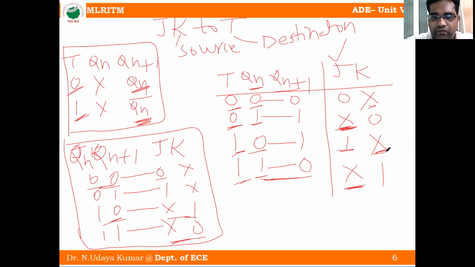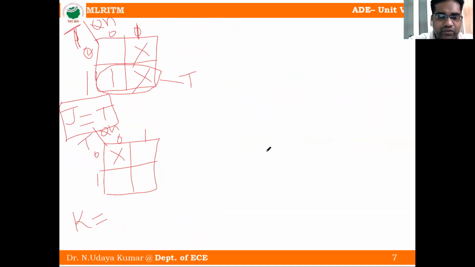If T is equal to 1 and Qn is equal to 0, this is the don't care here. Okay, we will get it in the second row, first column.